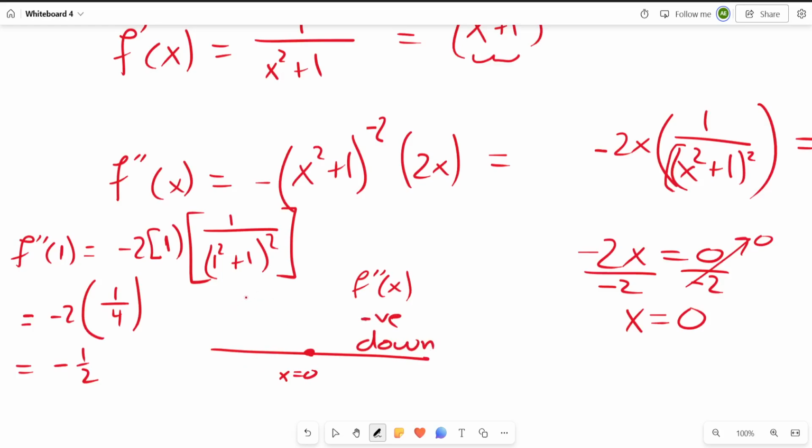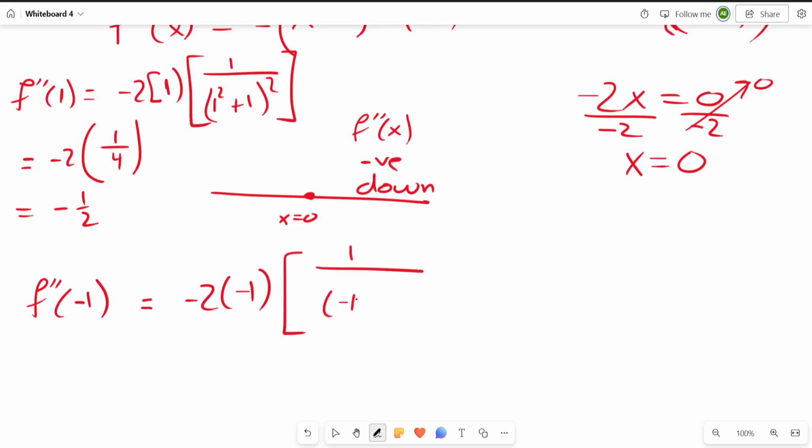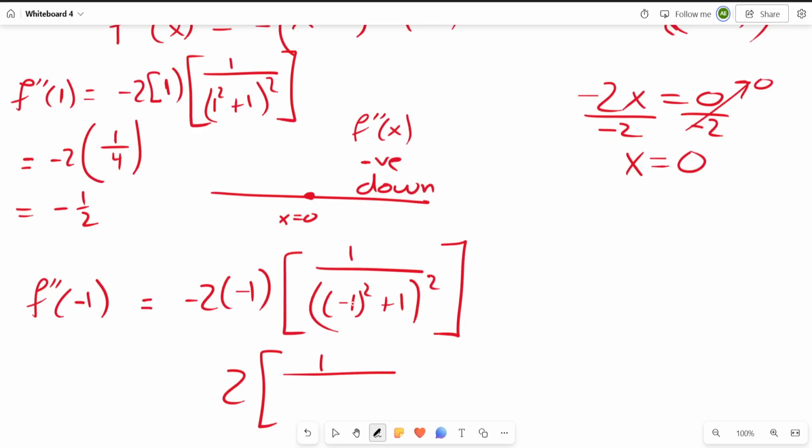Let's test an x over at this point. Let's say f double dash of negative 1. I know that negative 1 is in this interval. So it's equal to minus 2 times negative 1 times 1 over negative 1 squared plus 1, all squared. Negative 2 times negative 1 is positive 2, and this part gives a positive number regardless. 1 over 1 squared is 1 plus 1, that's 2, to the power 2 is 4.